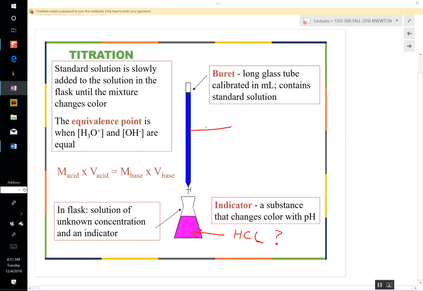And so we are going to use a sodium hydroxide, a base solution of known concentration. So we would call this our standardized solution. We know its concentration.